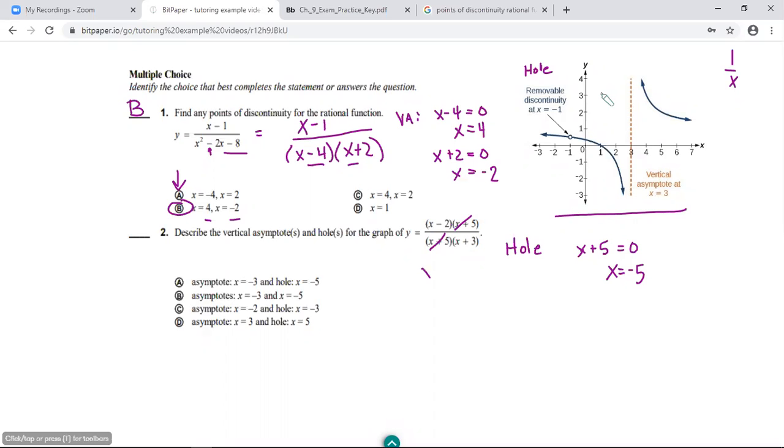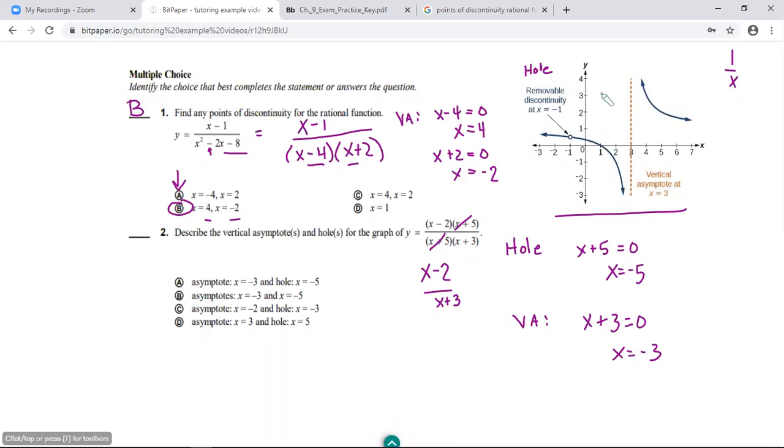Let's see what's left. We have x minus 2 over x plus 3. Now we still have the denominator, so we will have a vertical asymptote at x plus 3. We take x plus 3 and make it equal to 0. So x is equal to negative 3.